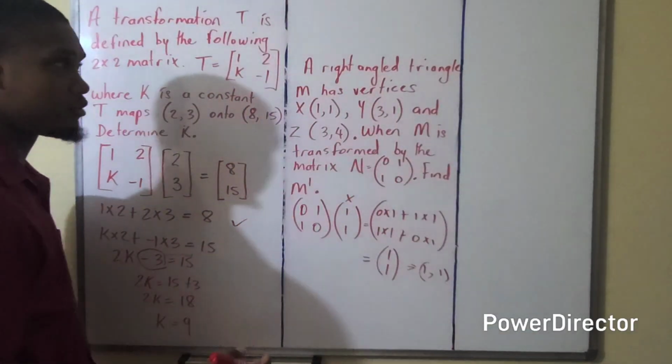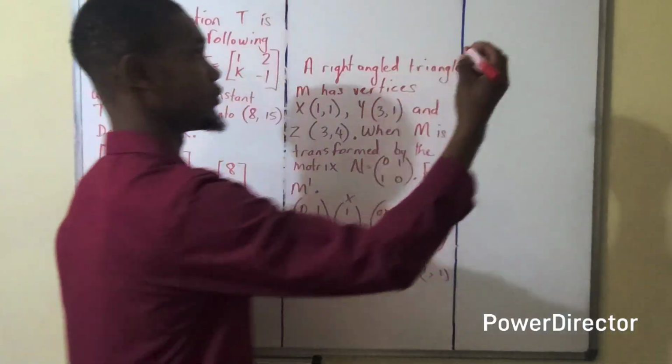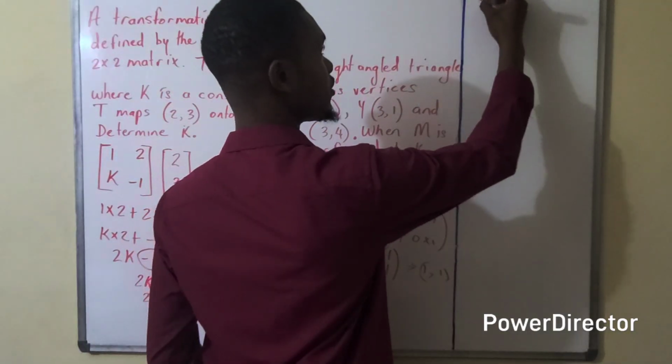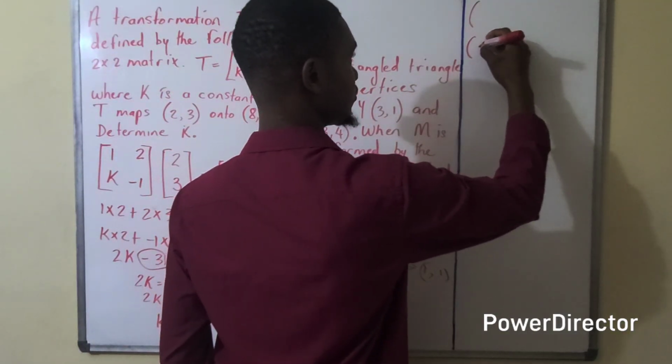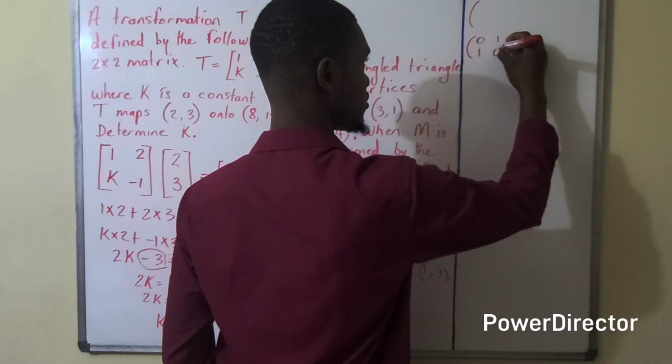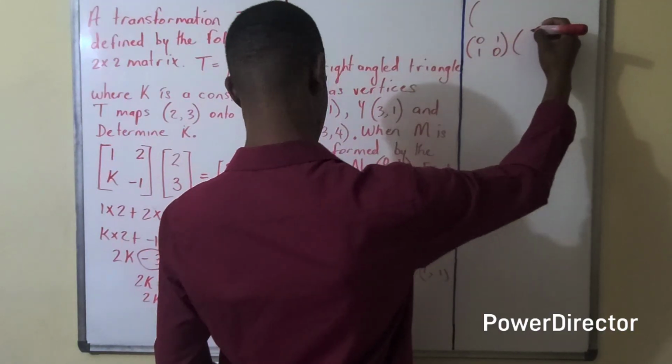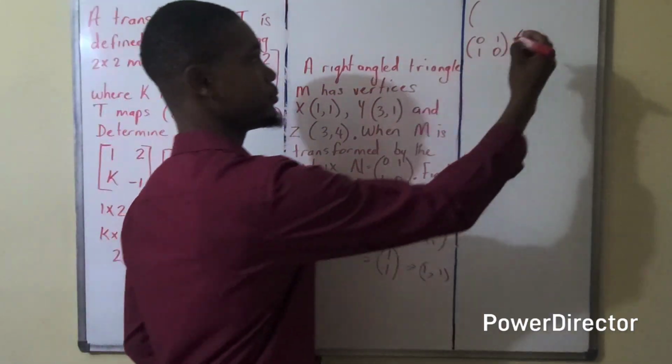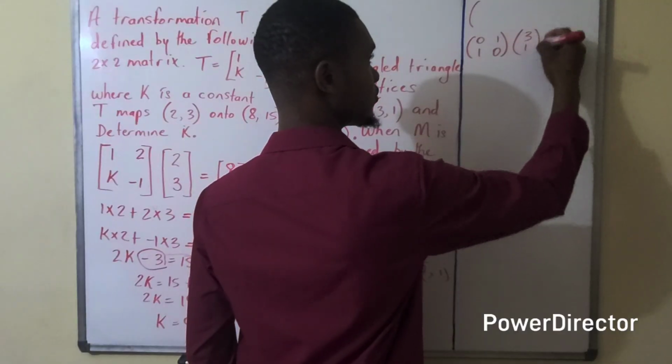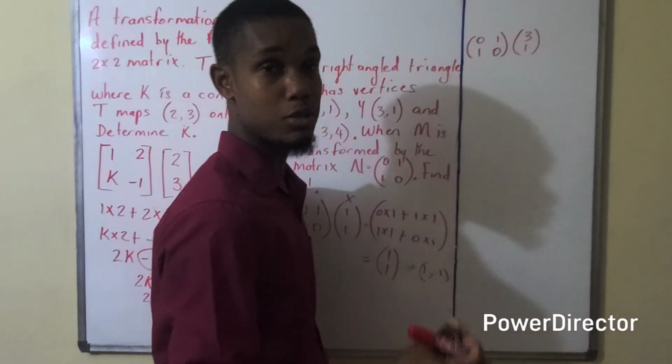Then you do the same thing for y. So it's the same matrix, (0, 1; 1, 0). Y is (3, 1). And you multiply the same way.